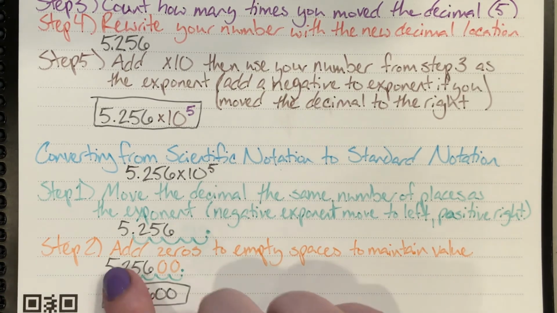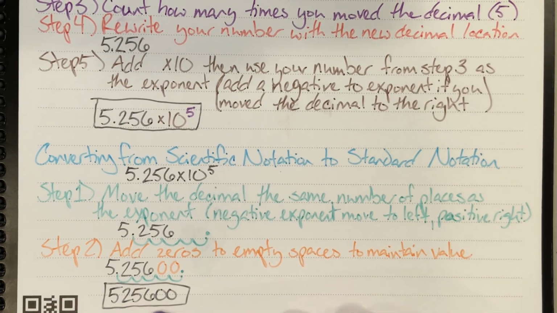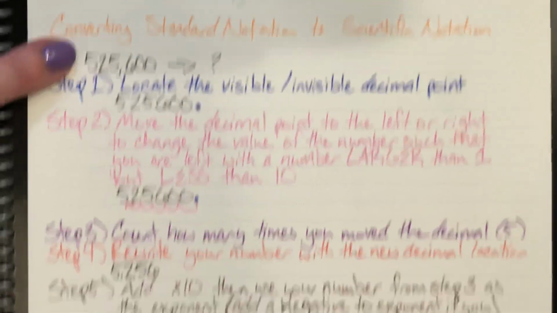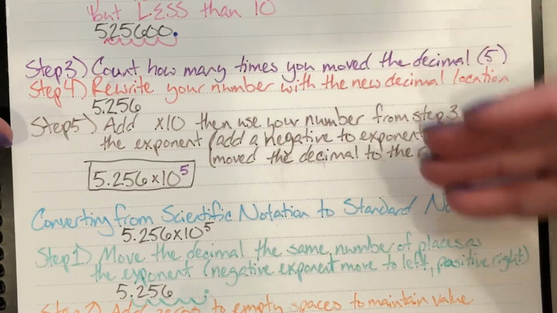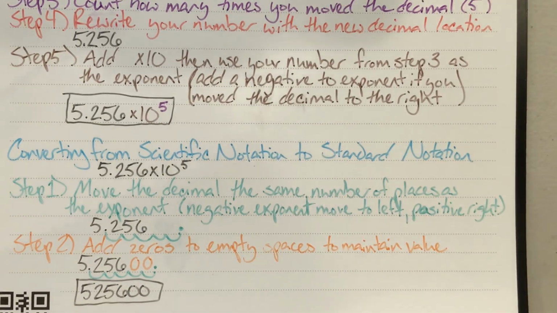I removed my decimal place movement bumps and I recolored my zeros. So my final answer was 525,600, which was my initial input, which means that we both converted it into scientific notation correctly and we converted it out of scientific notation correctly.